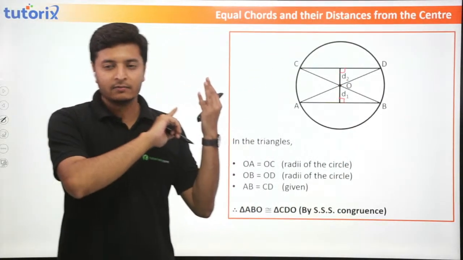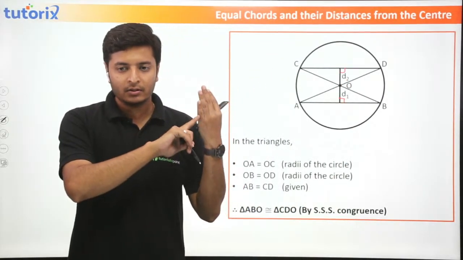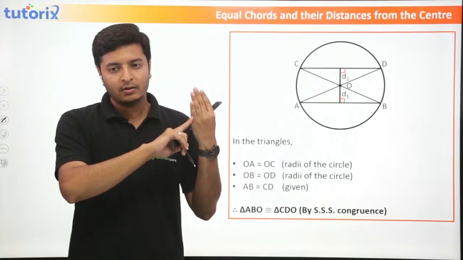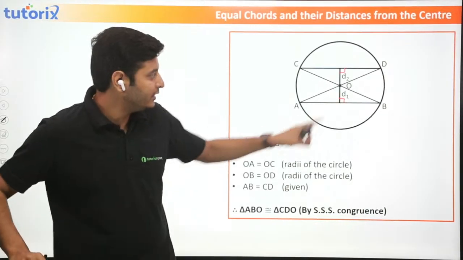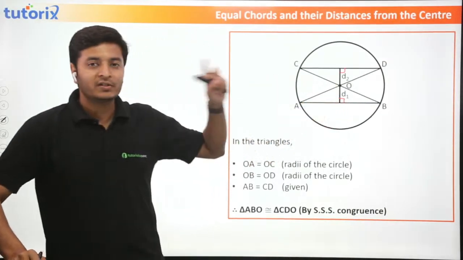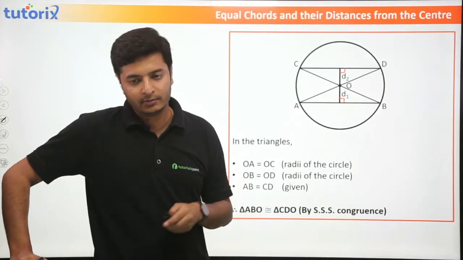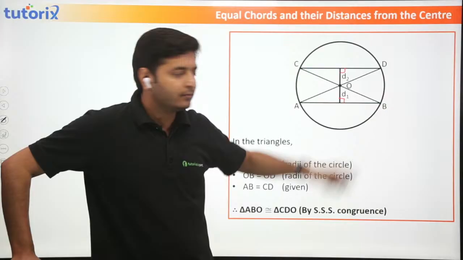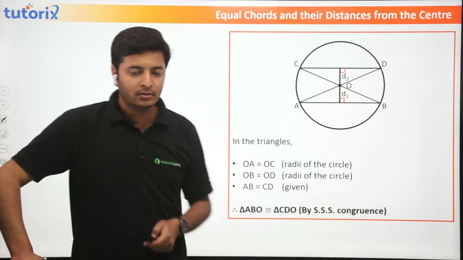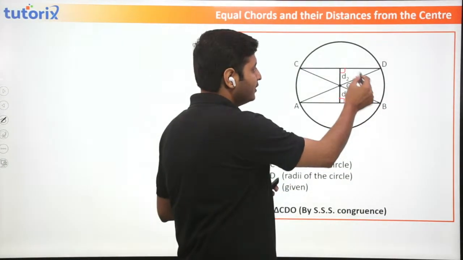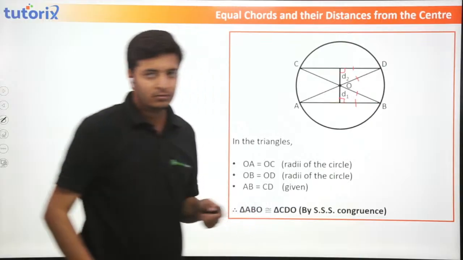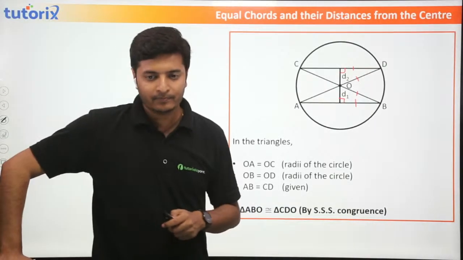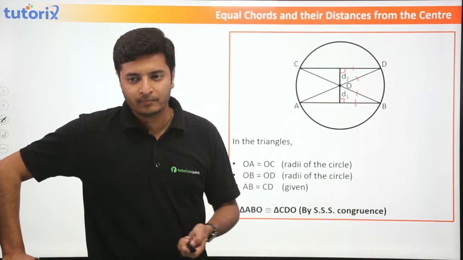Theorem number one is what? 90 degrees. Yes, the line drawn from the center will always be perpendicular. This we already proved, no? So this is 90 degrees. So then you can use RHS also, because the hypotenuses are equal and this side, if you can prove, yes, RHS also. So there are multiple ways.